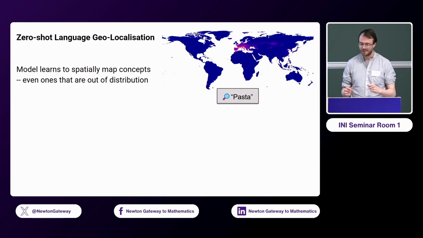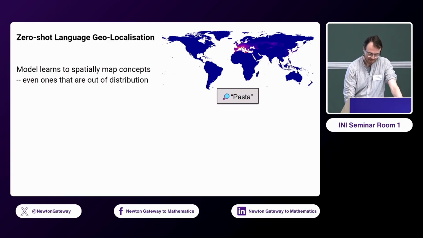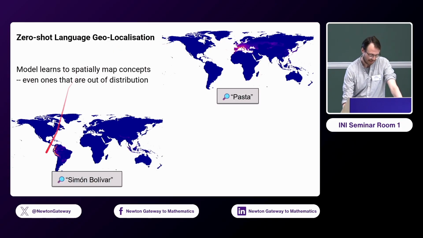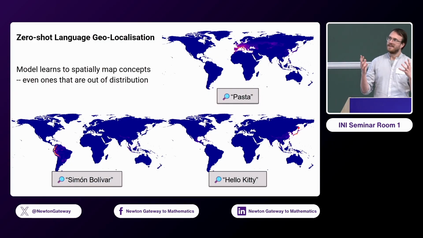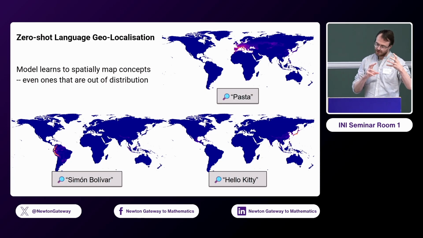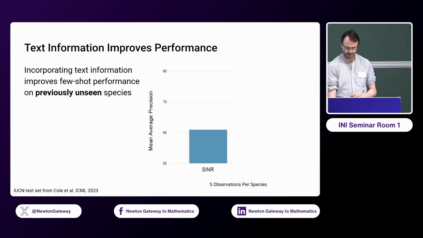This is not that useful, but you can do things like geolocate concepts that are totally out of distribution for species, like this is where the model thinks pasta is, or political leaders from South America, or Hello Kitty here in Japan. So this is the ability for the model to structure information and find these connections because it's effectively encoded inside the weights of the large language model we use.